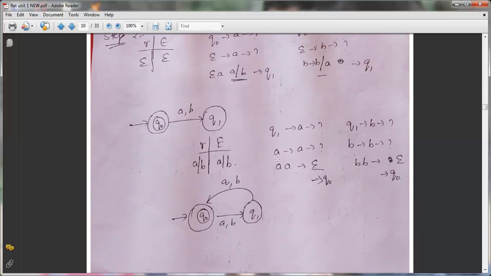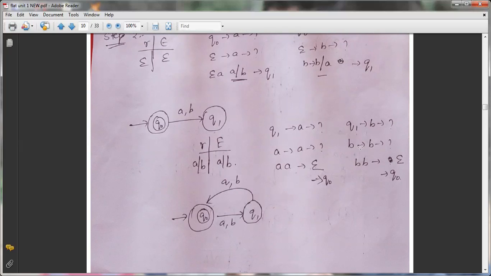What is the question given here? It should be divisible by 2. So is A divisible by 2 or not? Yes. So epsilon is the value I need here. Where is epsilon? In the expected Q naught. So it is connected to Q naught from Q1 by giving input as A.